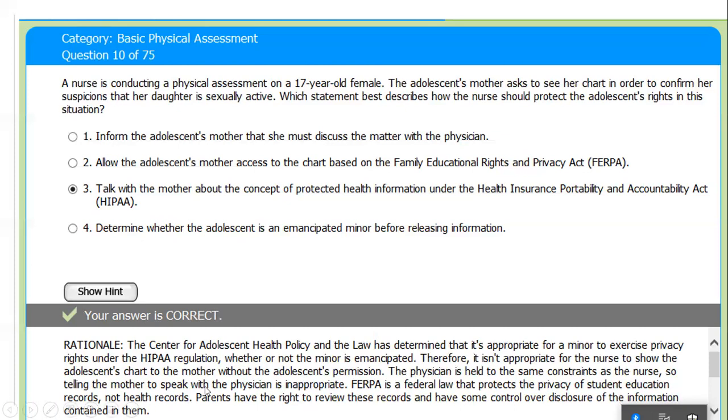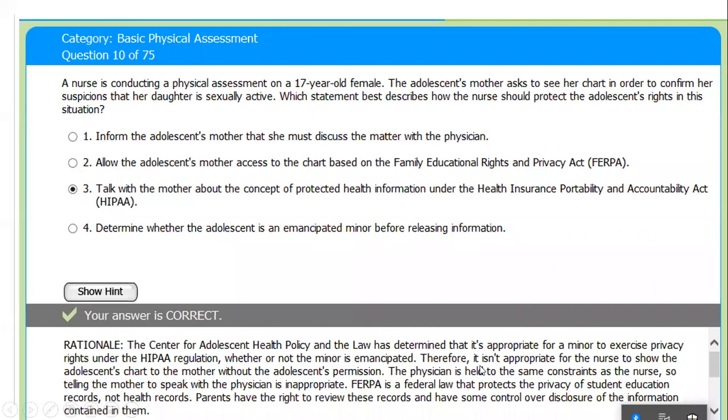The rationale said that adolescent health policies and laws determine that it is appropriate for a minor to exercise privacy rights under HIPAA, whether or not the minor is emancipated.